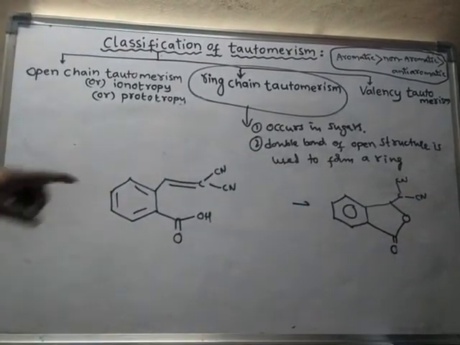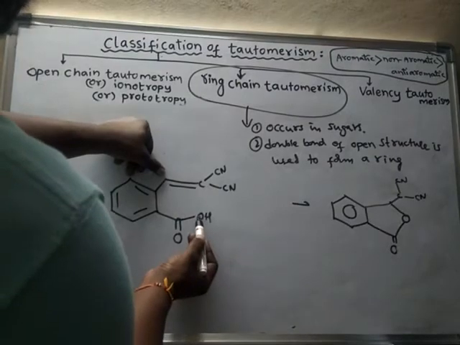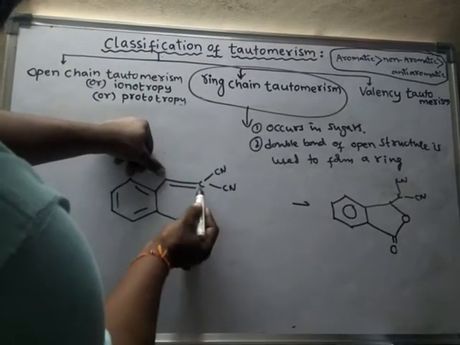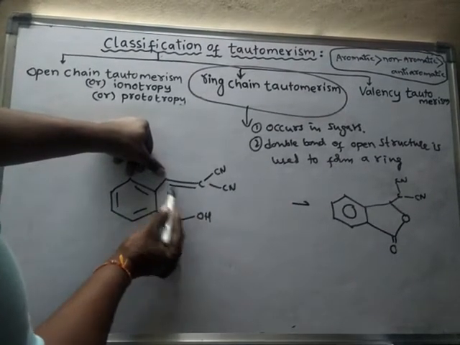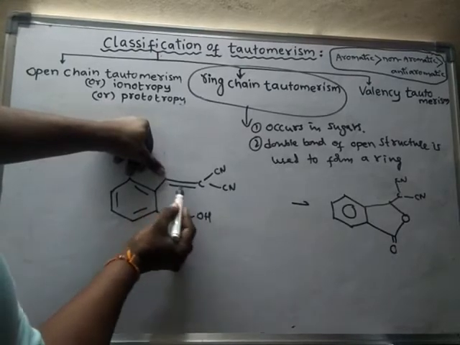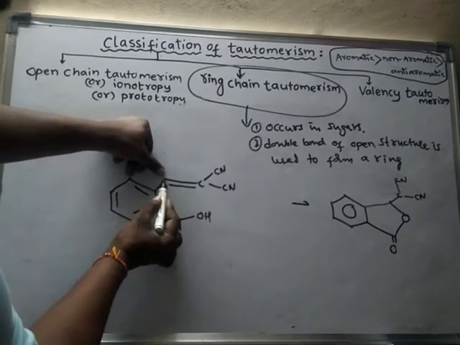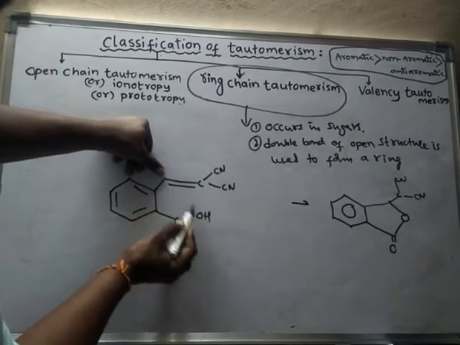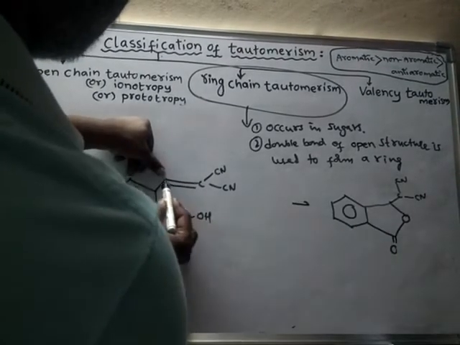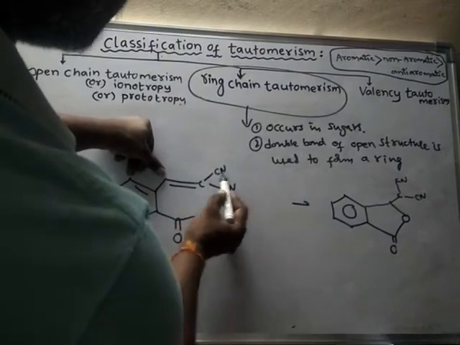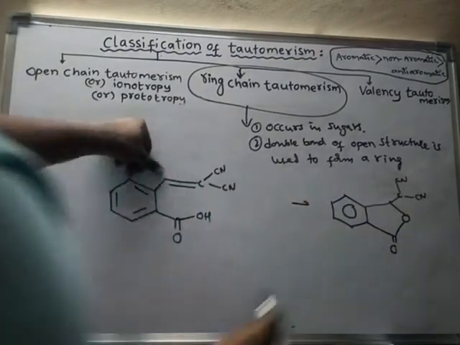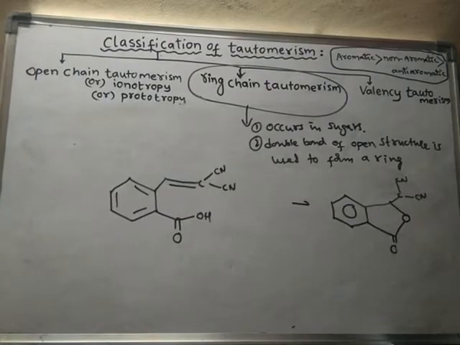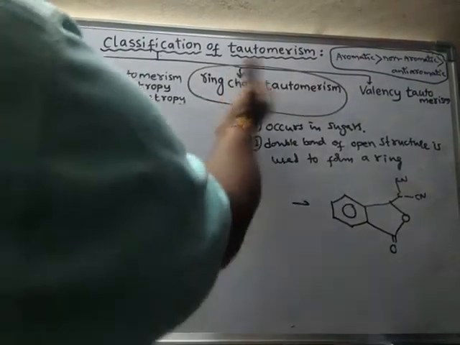This oxygen is attached directly to this carbon, not this carbon. The double bond is formed between these two atoms, this one and this one. So this carbon is present outside of the ring. This is another example of ring chain tautomerism.